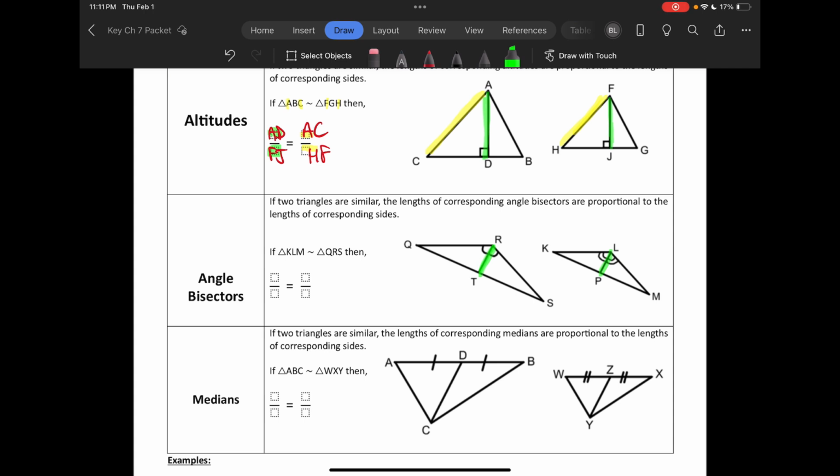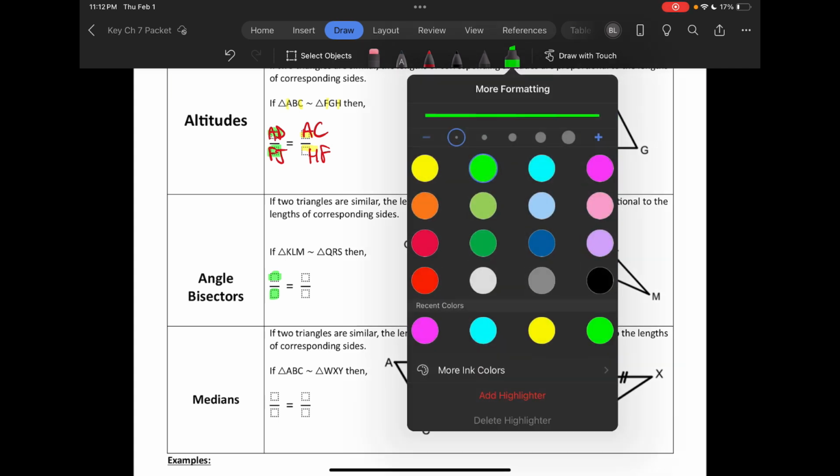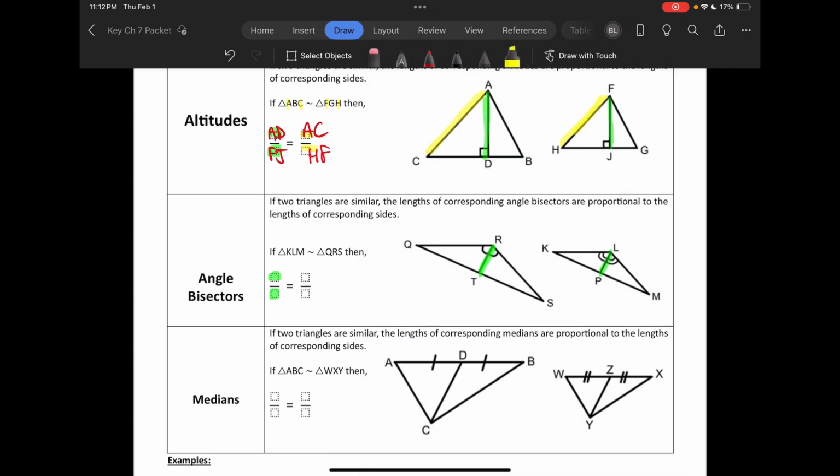Because these triangles are similar, I can set up a ratio of the corresponding angle bisectors equal to one pair of corresponding sides in the two triangles. For this one, we can pick QR and KL, but I could also pick any of the other sides. It really doesn't matter.